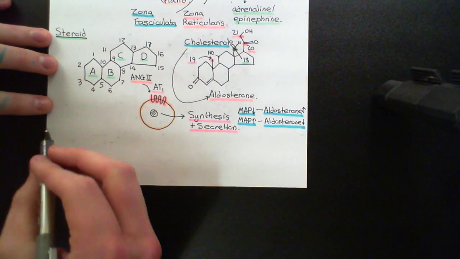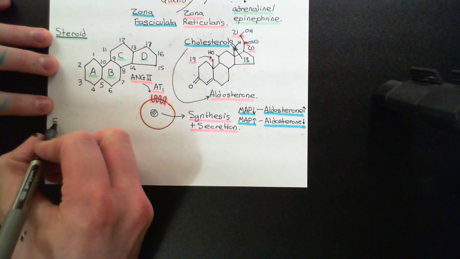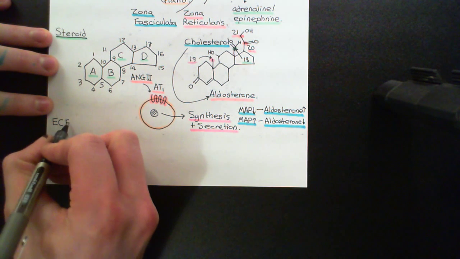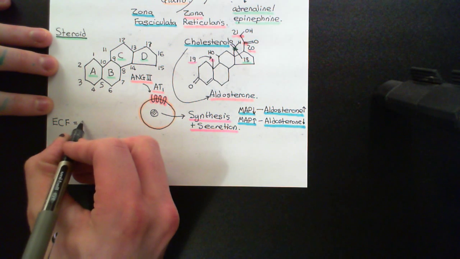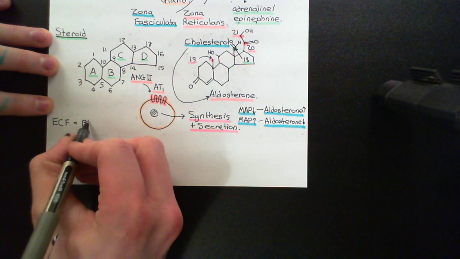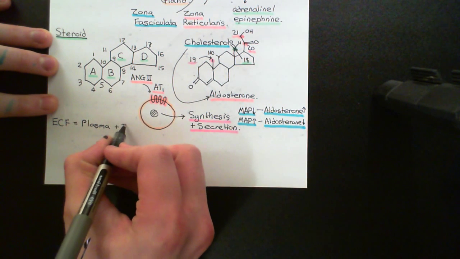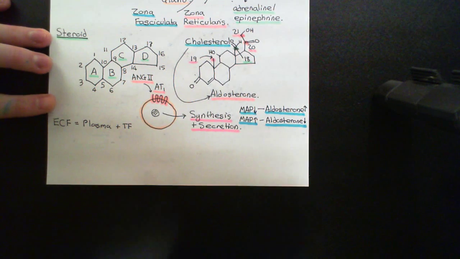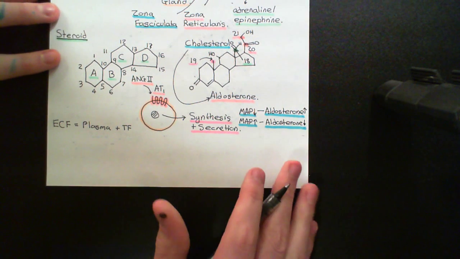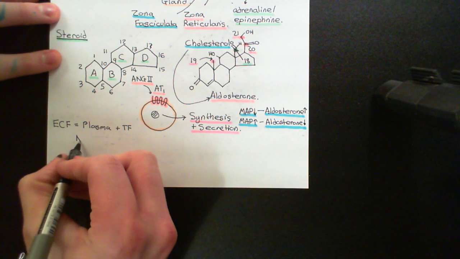So in all extracellular fluid, and I'll just remind you of what I talked about earlier, the extracellular fluid includes the blood plasma, and it also includes the tissue fluid. In all of the extracellular fluid, the main solute in that fluid is sodium chloride.